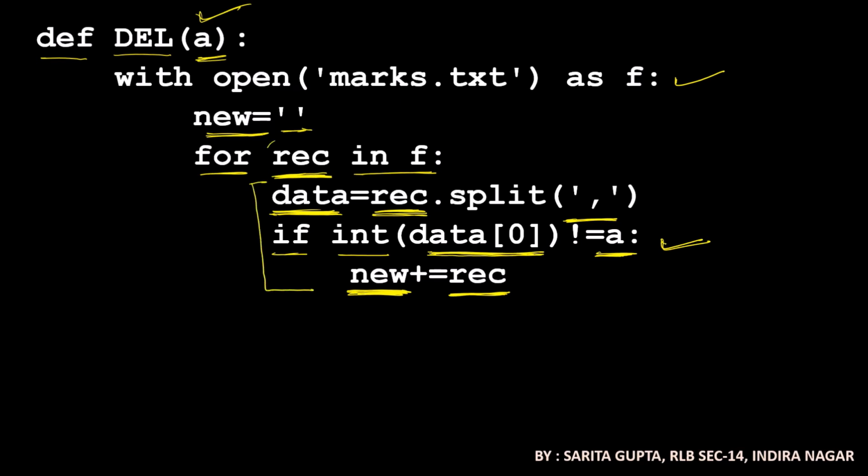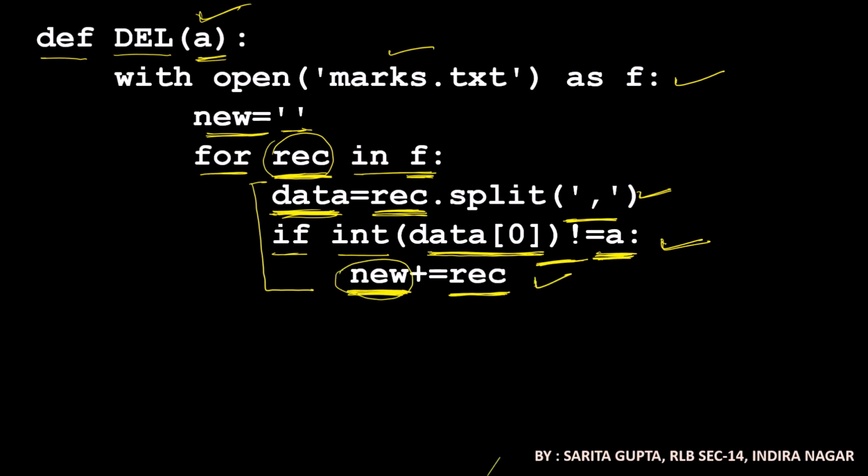Thus, for every student record read as a line of text from the file marks.txt, the line will be split at all places where a comma is found, returning the individual data items of the record, that is admission number, name and total marks, into the variable data, then comparing the admission number of each student with the admission number given by the user. If the admission number does not match, all records where the admission number is not matching will be concatenated into the variable new.